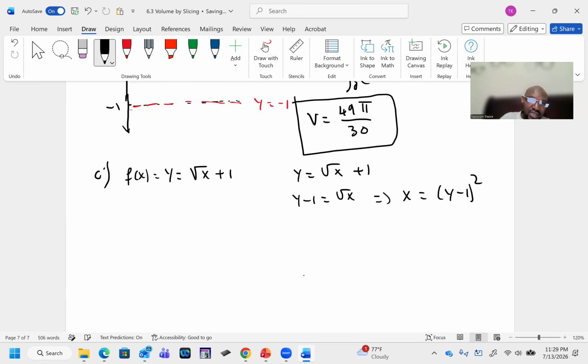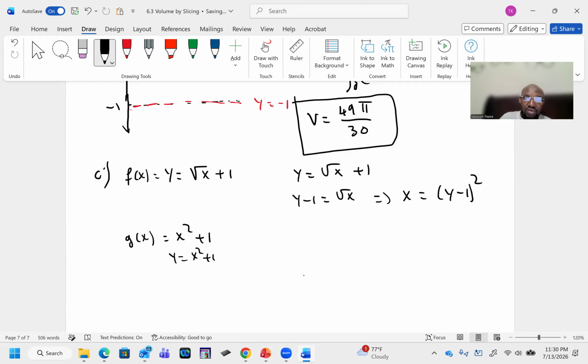And same thing, g of x is x squared plus 1. We have to find the solution when y is greater than 1, right? So we have y is equal to x squared plus 1.